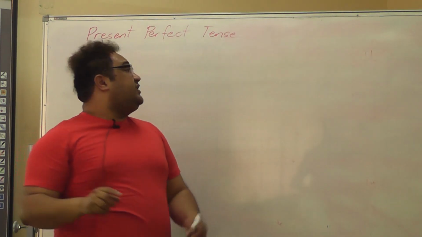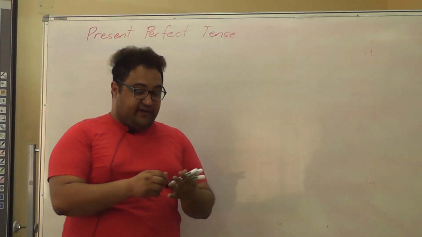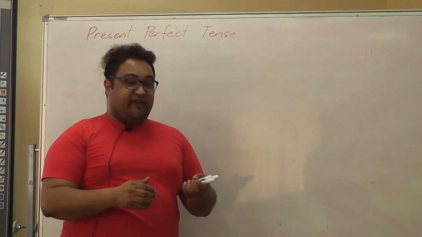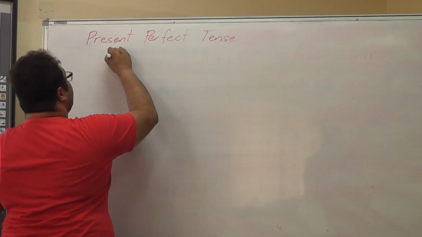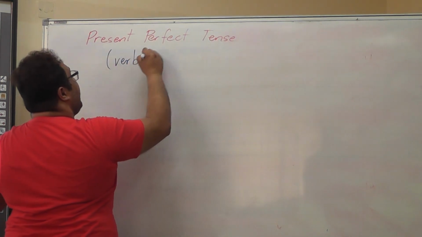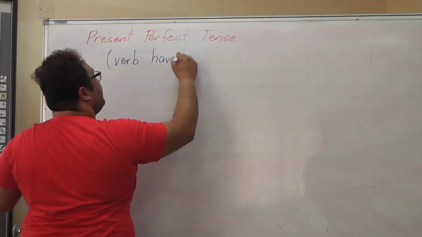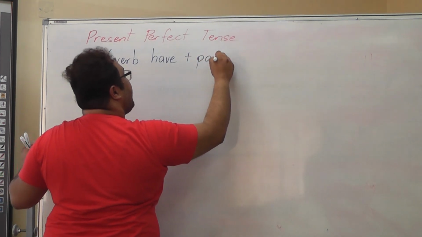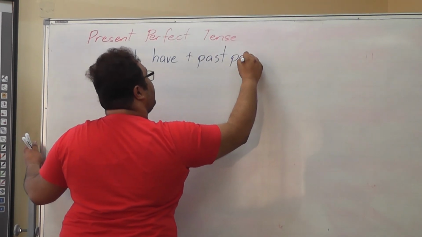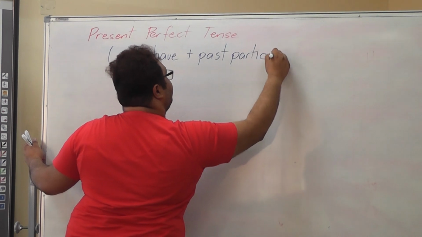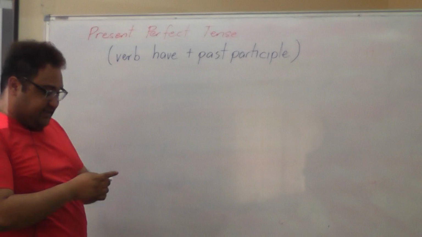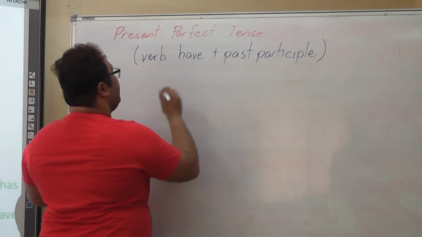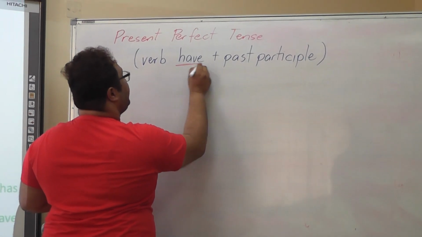Again, take note that for the present perfect tense, we form the present perfect by having the verb have plus the past participle of the verb. Okay, verb have plus the past participle of the verb.